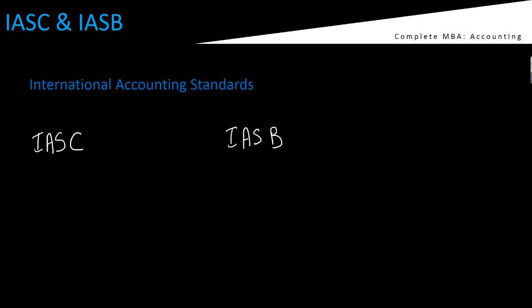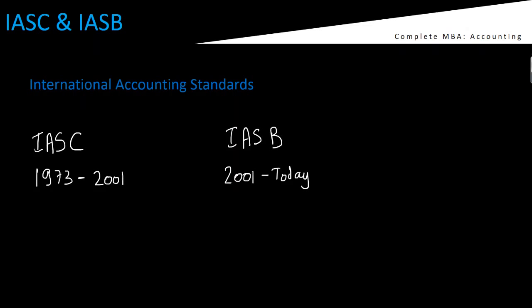They both create the International Accounting Standards, but the International Accounting Standard Committee was created in 1973 and created accounting standards until 2001. From 2001 to today, the International Accounting Standard Board continued creating these standards.